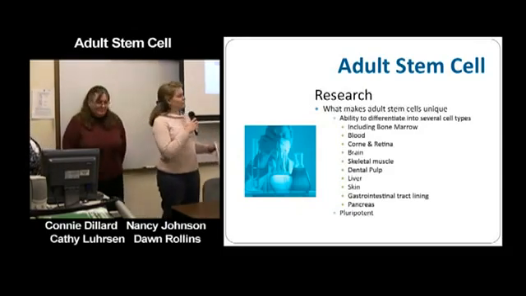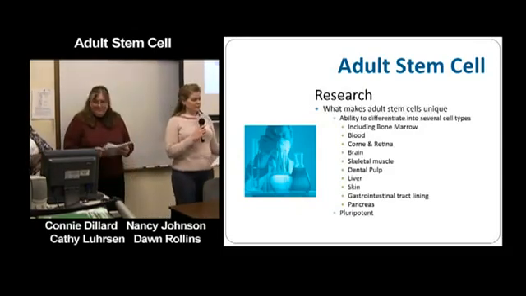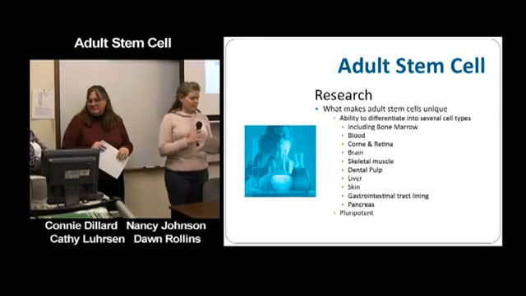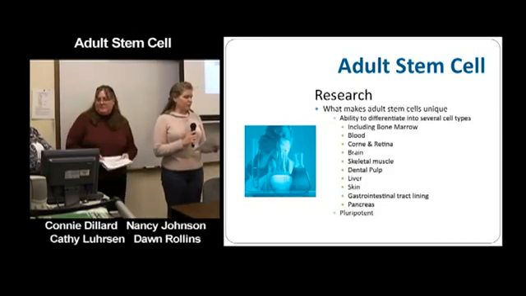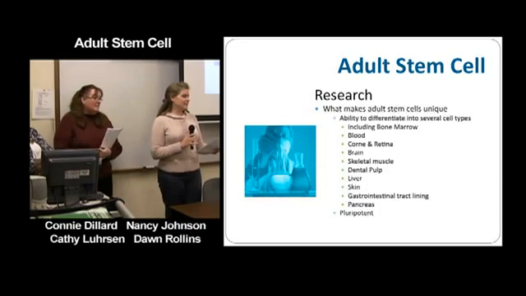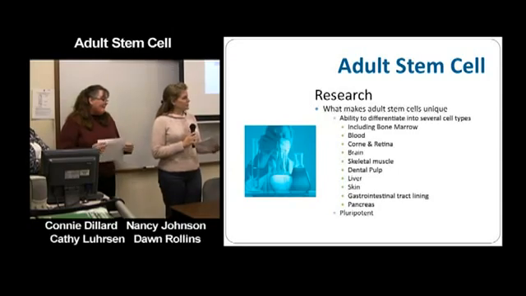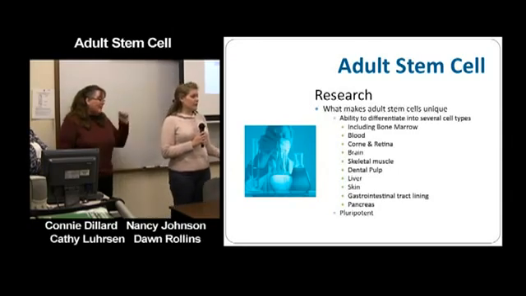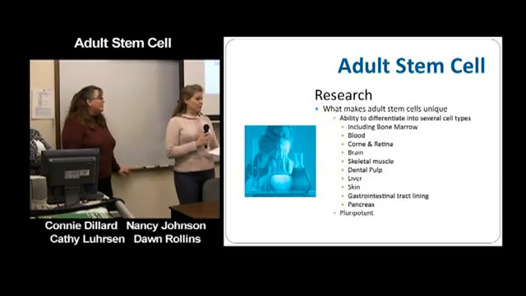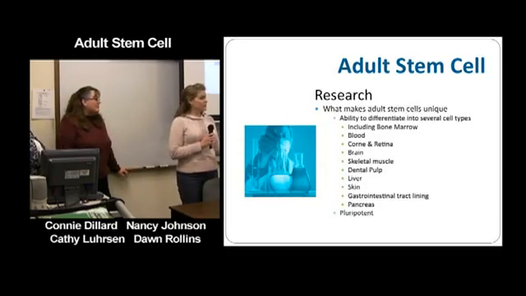Now I'll be discussing some of the information on research with adult stem cells. Adult stem cells, they found, are pluripotent, and what this means is that the cells are able to differentiate into other types of cells. For example, you can take adult stem cells from bone marrow and in a laboratory regenerate them into, say, white or red blood cells, so it can become a completely different cell.